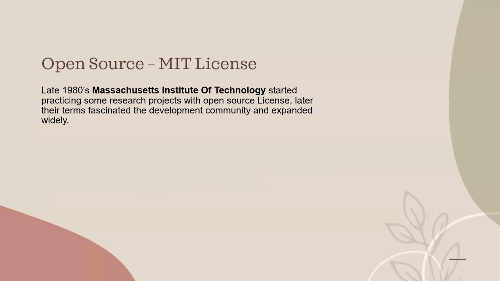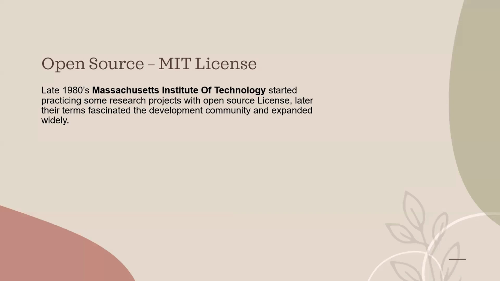In the late 1980s, MIT started some research works as internal projects, and they provided them as open source, so that the source code and the artifacts of their projects can be utilized by any developers, customized, and redistributed.